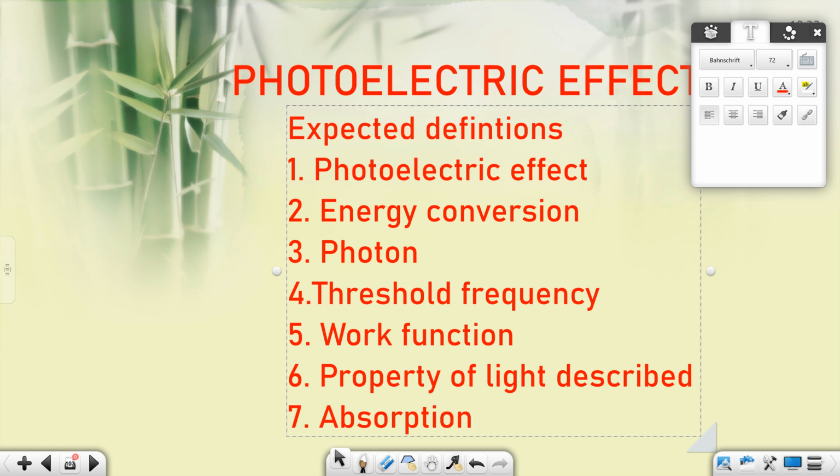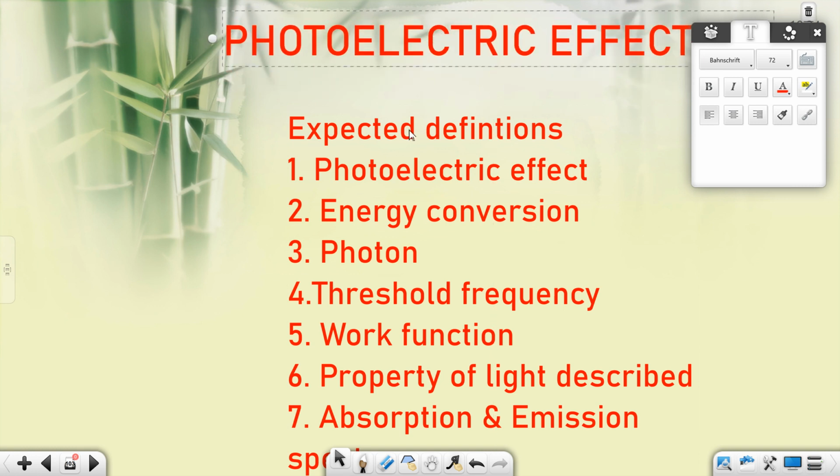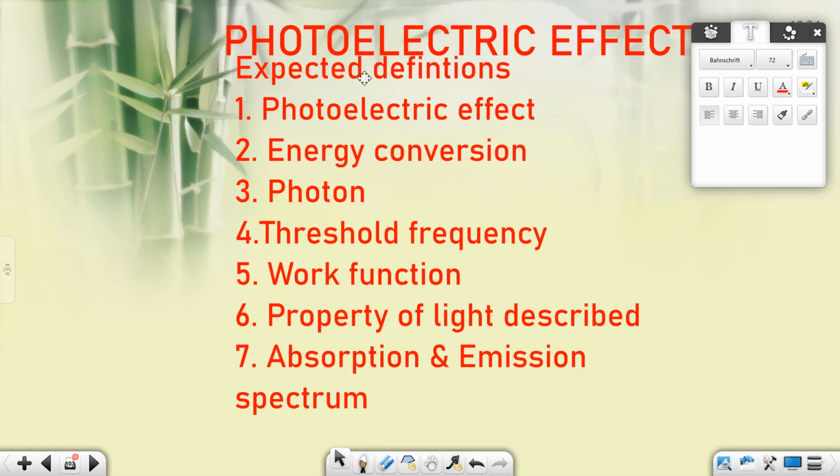Absorption and emission spectrum. Remember, all of these are definitions that we need to know going in for photoelectric exam.